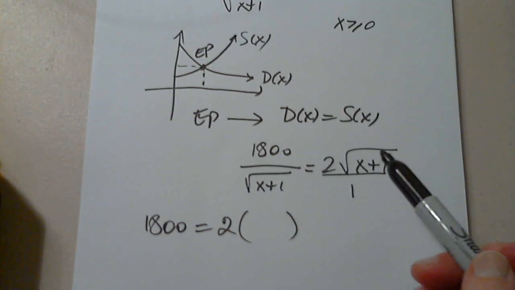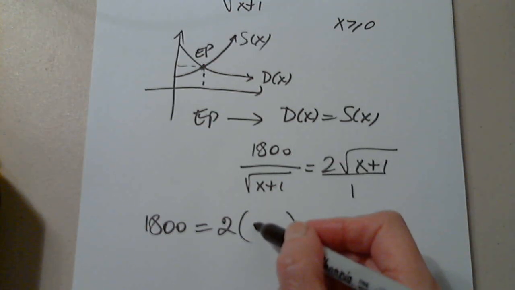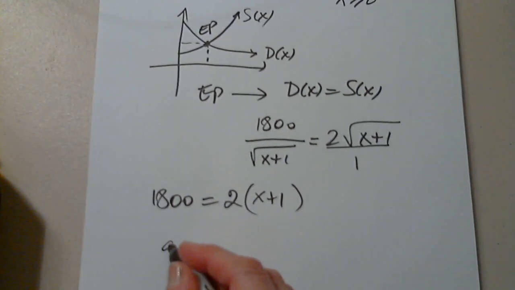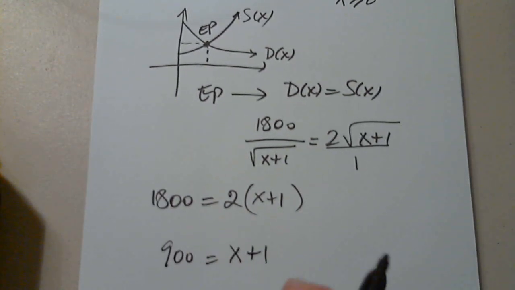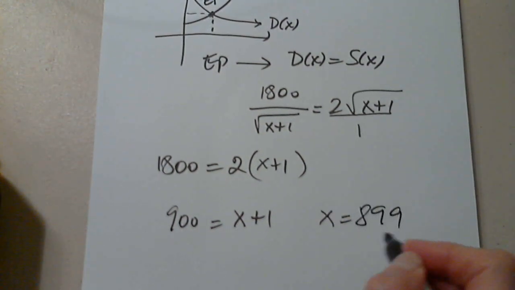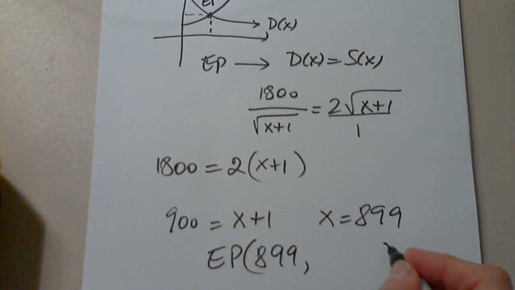Is it X plus 1? X plus 1. Divide both sides by 2. I have 900. Subtract 1. The equilibrium point has 899 comma something else.